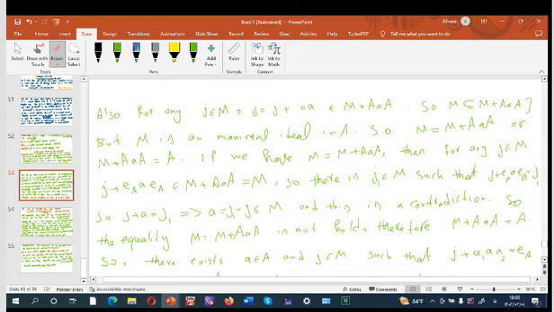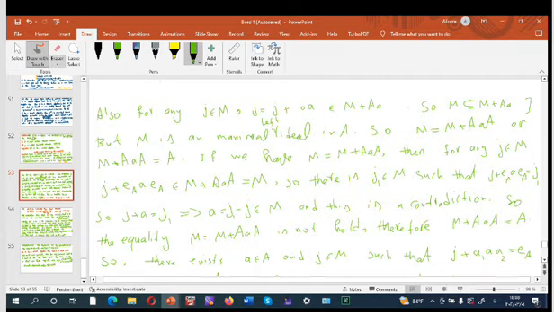But M is a maximal ideal, a maximal left ideal.